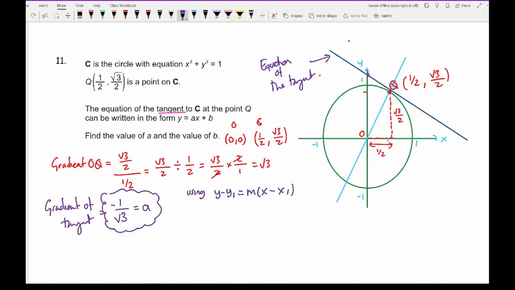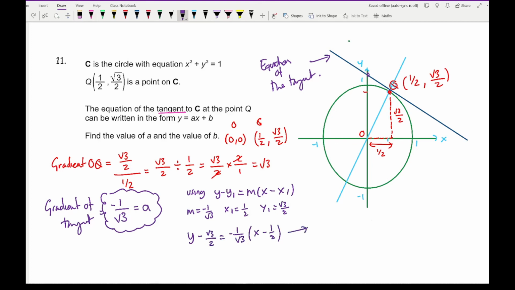So I know that m equals minus 1 over root 3, and I know that x1 is a half and y1 is root 3 over 2. So from this, what I can then do is substitute those three numbers in. So I get y minus root 3 over 2 equals minus 1 over root 3 (x minus a half).